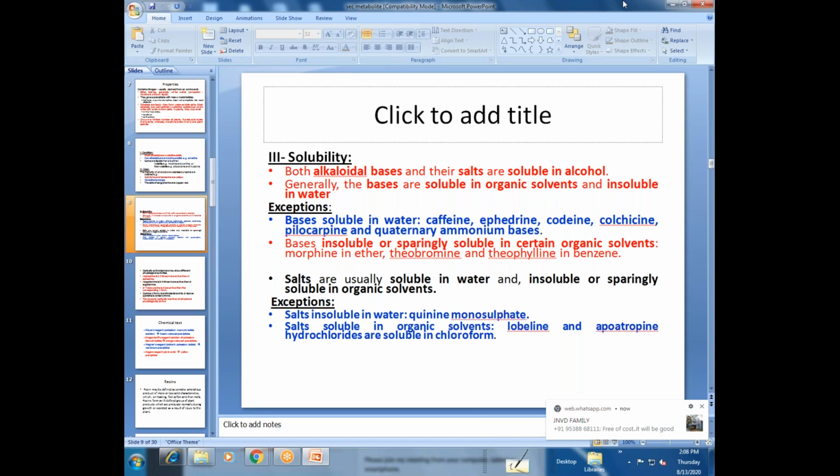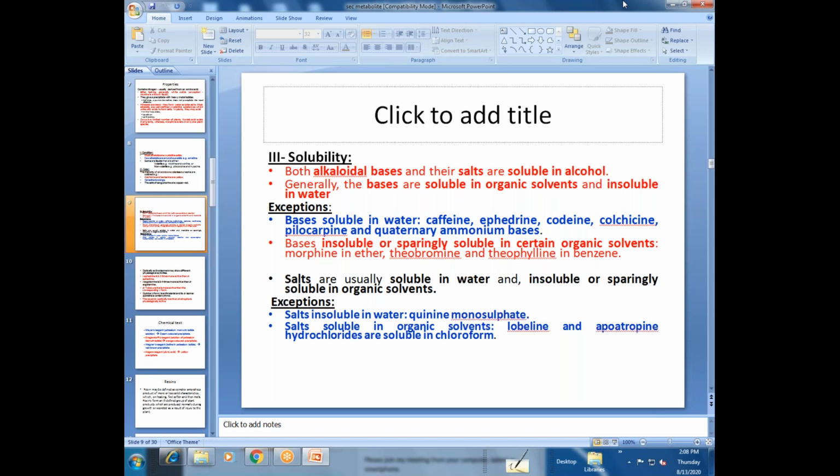Now, coming to alkaloid solubility, the salts and the free bases are soluble in alcohol. The free bases are soluble only in organic solvents like chloroform, benzene, ether, petroleum ether, and so on. Whereas salts are soluble only in alcohol or water.